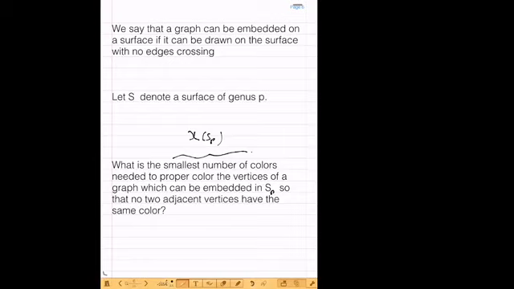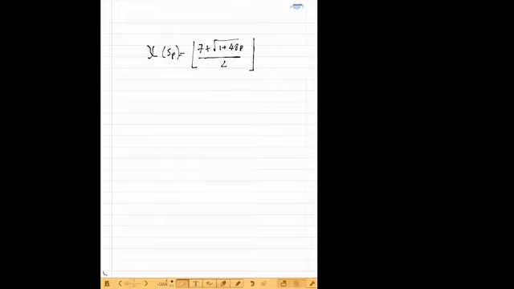And throughout the years, this investigation was completed by the same time the Four Color Theorem was proved, and there is this general formula. This is a formula for every genus. In fact, it works also when p is 0, as you can see, because when p is 0, you get 4. And when p is 1, you get 7, but this formula works for every p.